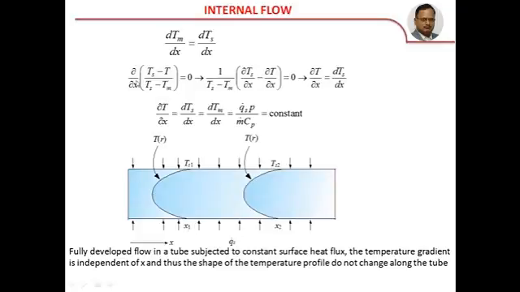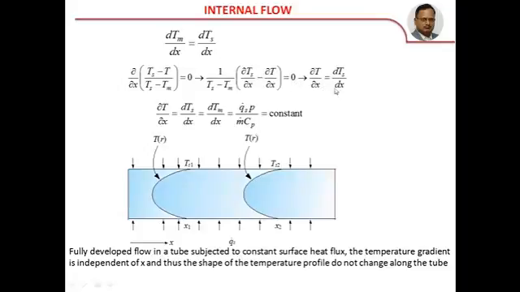And if you take the partial derivative of the ratio of wall temperature and temperature of the fluid at any point, that is (Ts minus T) over (Ts minus Tm), as in the boundary layer development, and because this is constant and not varying, the derivative with respect to x becomes 0.